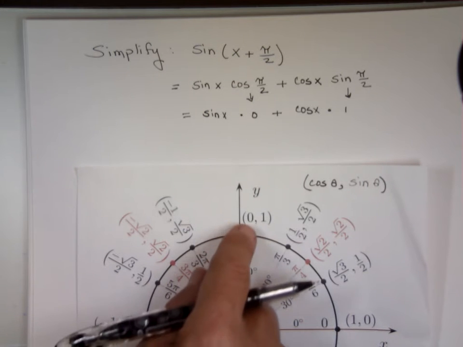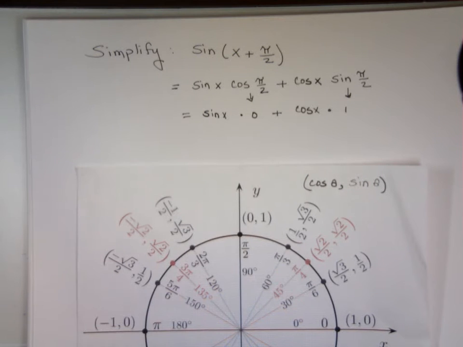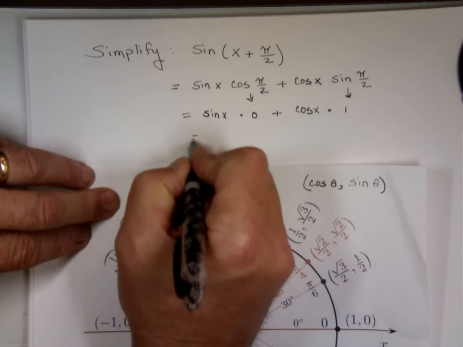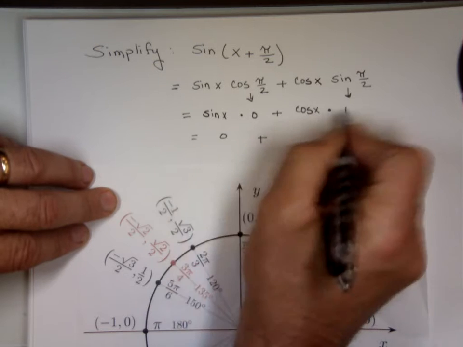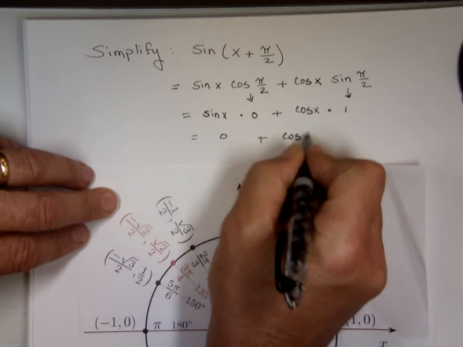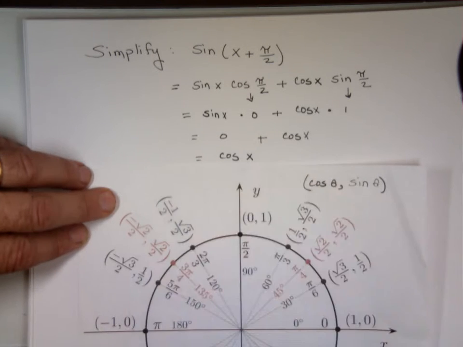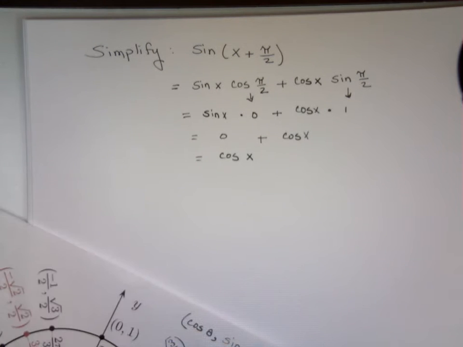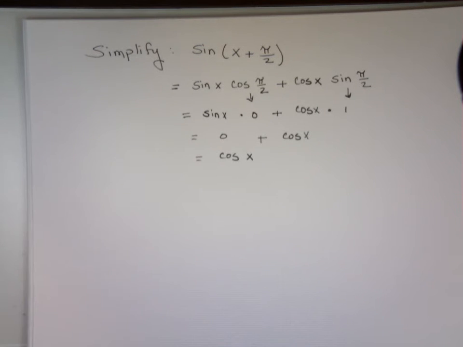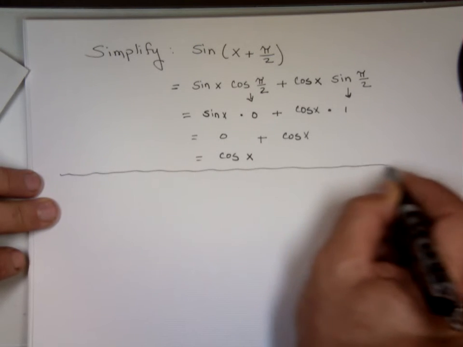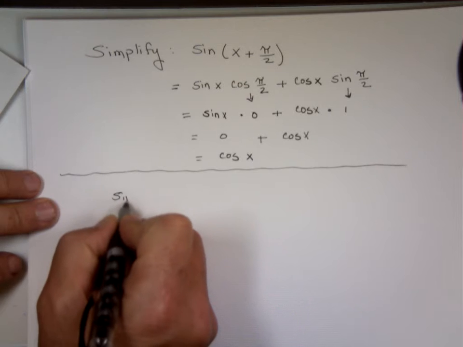The cosine of pi over 2, that's a 0. You plug them in now. What's 0 times anything? What's cosine x times 1? So your answer is cosine x. Simplify.